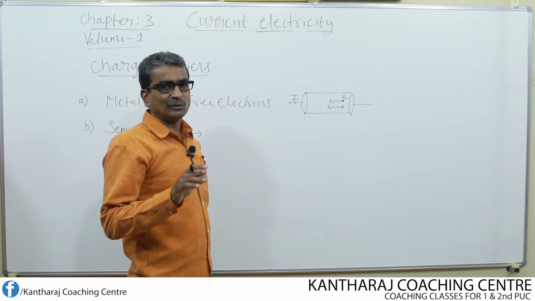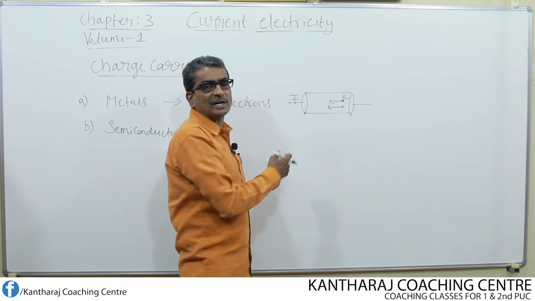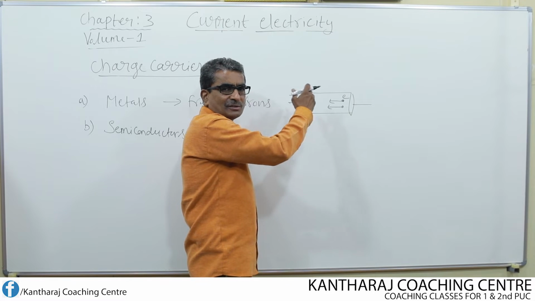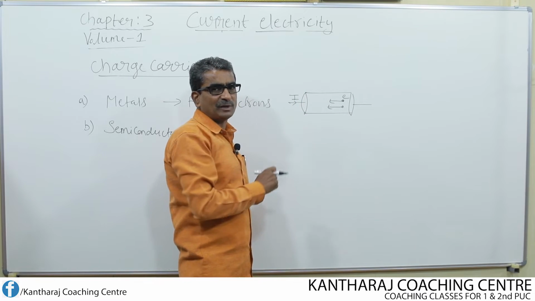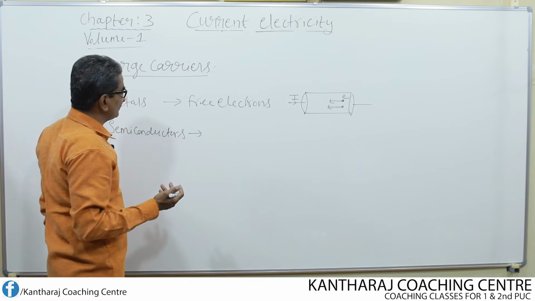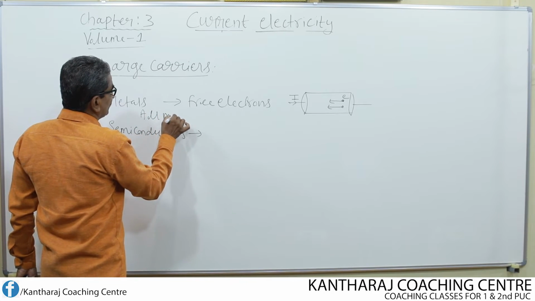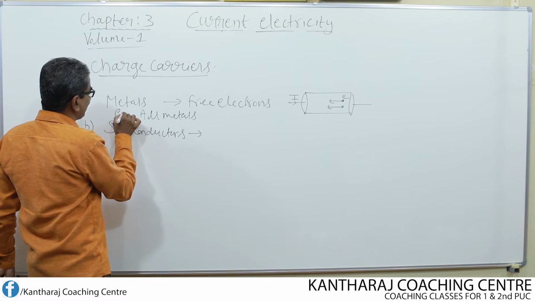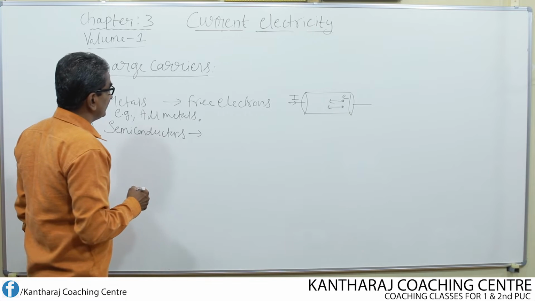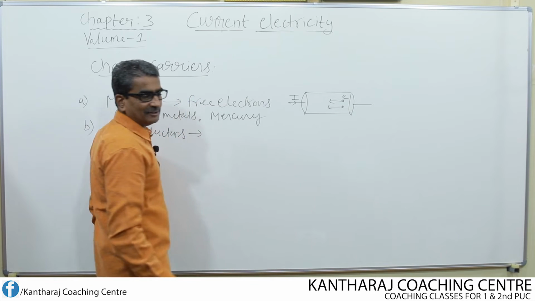In a semiconductor, only a partial amount of charge will flow, whereas in a metallic conductor, almost the majority of the current will flow. For metallic conductors, we can give many examples. Metals means all metals. For metallic conductors, example: all metals, and even mercury, which is a liquid metal.